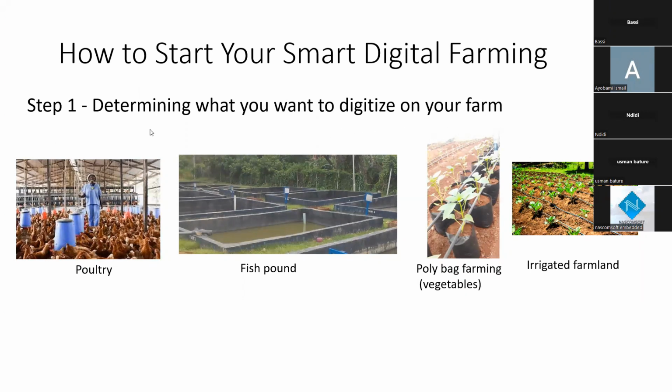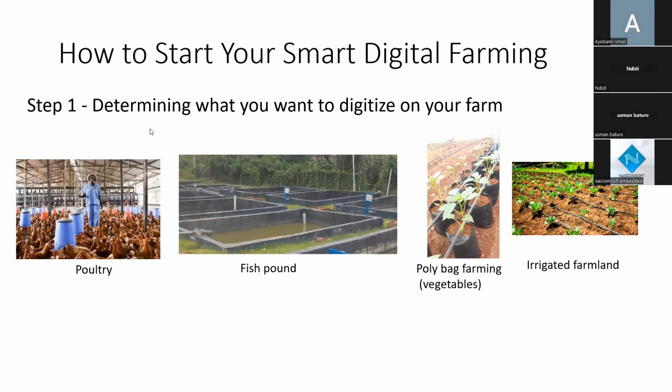So number one is to determine what you want to digitize on your farm. So for example, you may be into poultry farming. Do you want to digitize your poultry farming, or do you want to digitize your fish pond?